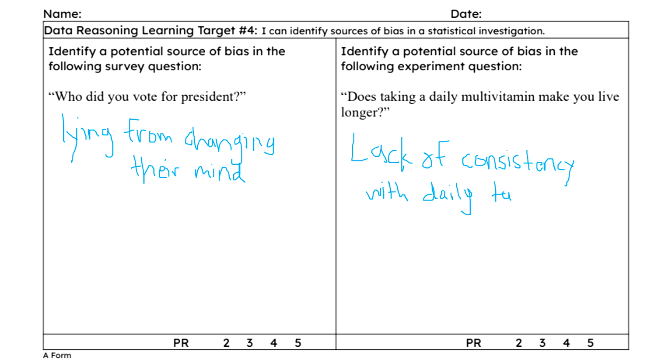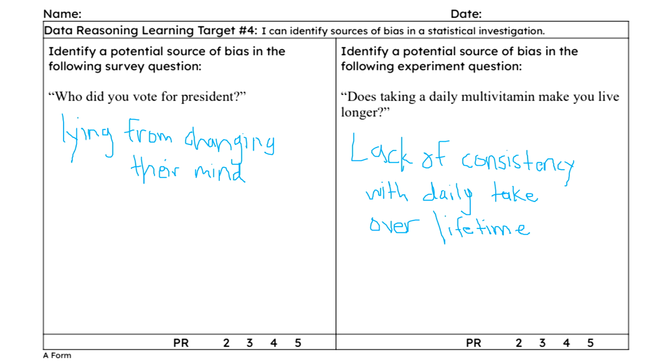Something like that. So, I mean, there's a lot of other things as well. Like if people were already selecting, like, hey, I take a multivitamin already, do you want to see how long I live, to add that to your data? You could do that, but often people who take a multivitamin might be generally more health conscious than people who don't.